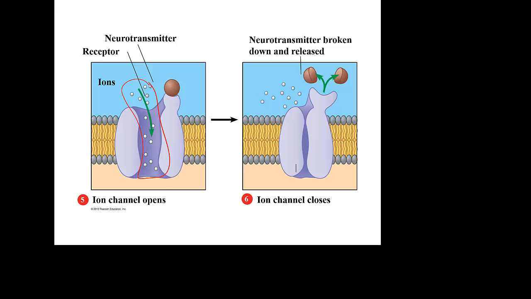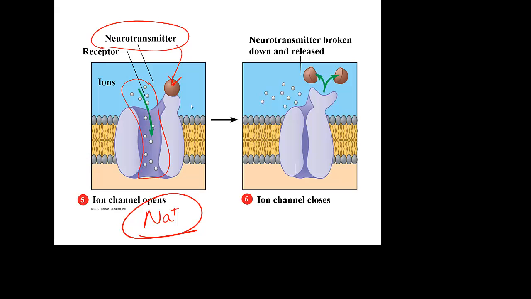What kind of ions do you think these are? What ion channels did we open when you got a signal to start an action potential? Sodium ions. So these neurotransmitters are chemical signals that are going to come in, act on this enzyme, this facilitated diffusion channel.